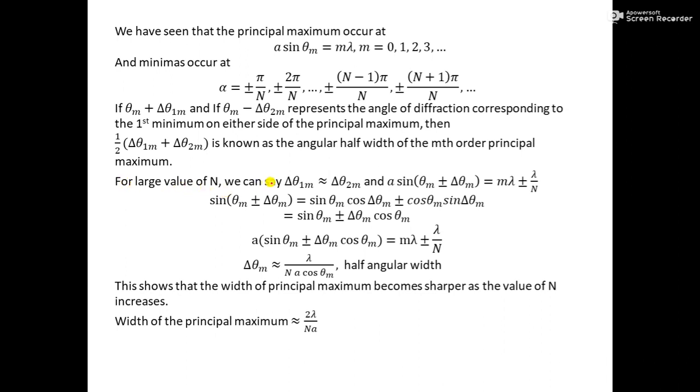For large n, Δθ1m is nearly equal to Δθ2m, and a sin(θm ± Δθm) = mλ ± λ/n. Using this, we get Δθm = λ/(n a cos θm), which is the half angular width.